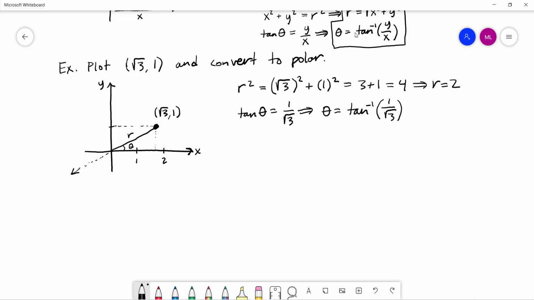And you can plug this into a calculator, or you can also just recognize by observation, if you know your unit circle well enough, this angle right here, if I were to just divide both of these numbers by 2, I would get a similar triangle with the same direction for this. And these are the coordinates of the angle pi over 6. So it's a matter of, again, plugging into a calculator or remembering your unit circle. So let me come in and delete those little pieces I just added.